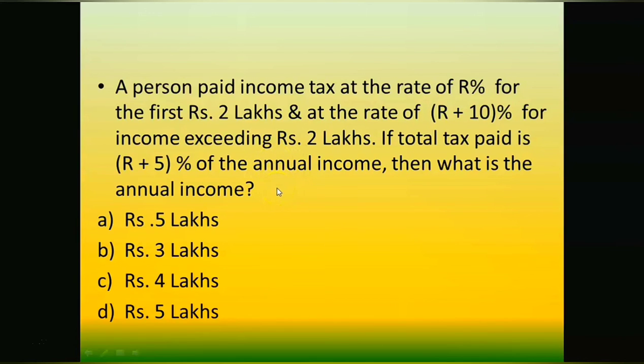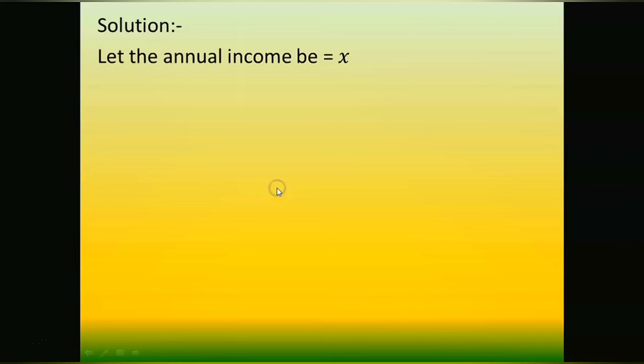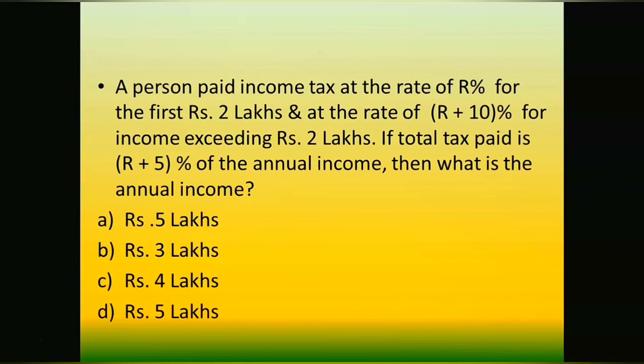Okay. So to start with, let us first take that the annual income be equal to X. Then you notice here the tax is paid R% for the first 2 lakhs. That means R% of 2 lakhs. And then for the income which is exceeding the 2 lakhs, how much tax is paid?